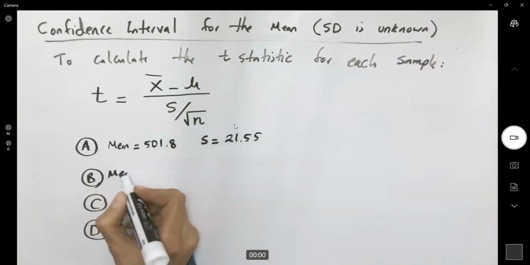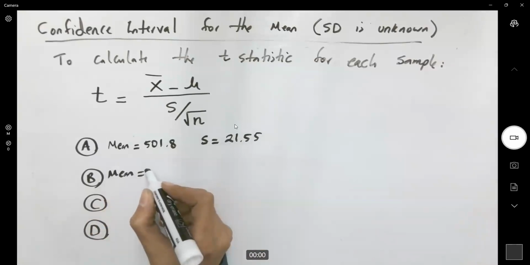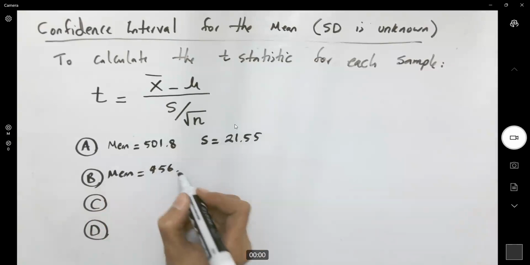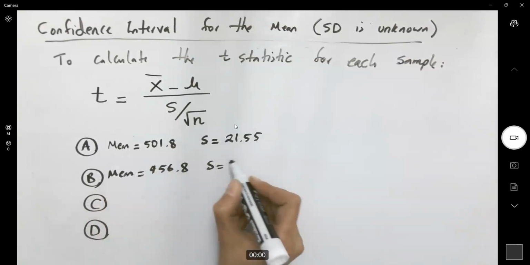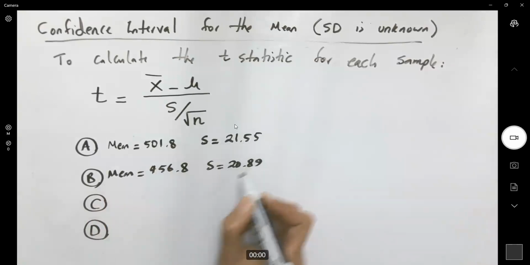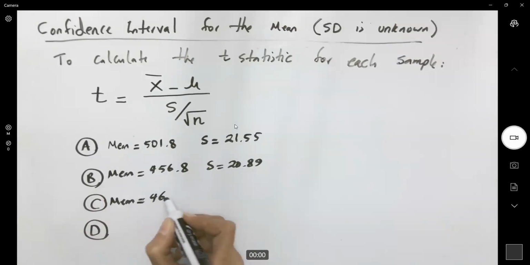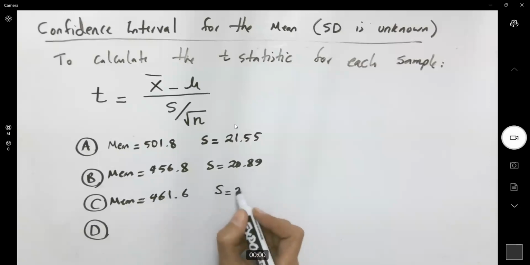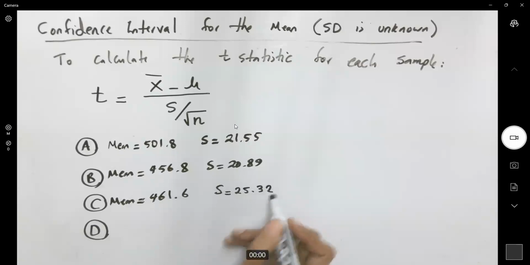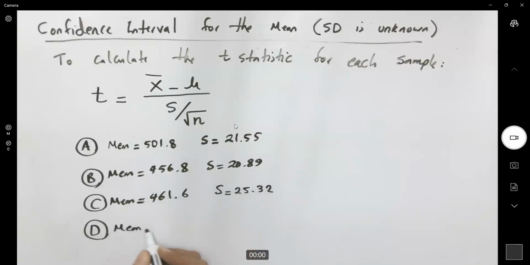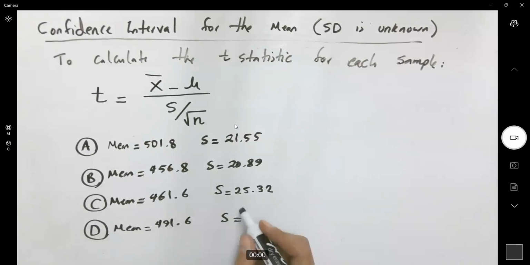For the second sample, we calculated the mean, which is equal to 456.8 with standard deviation 20.89. For the third sample, we have the mean calculated at 461.6 and S is 25.32, and the mean for the last sample calculated as 491.6 with variability 14.54.